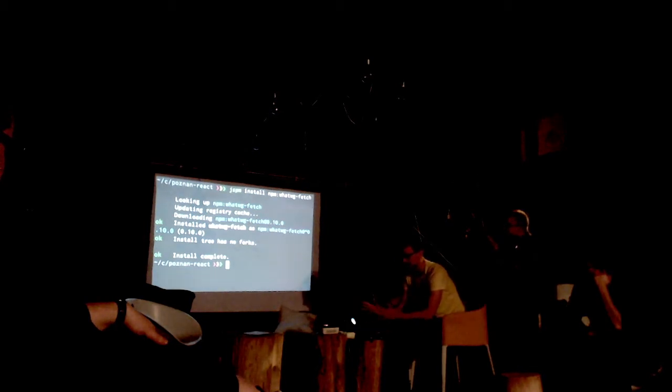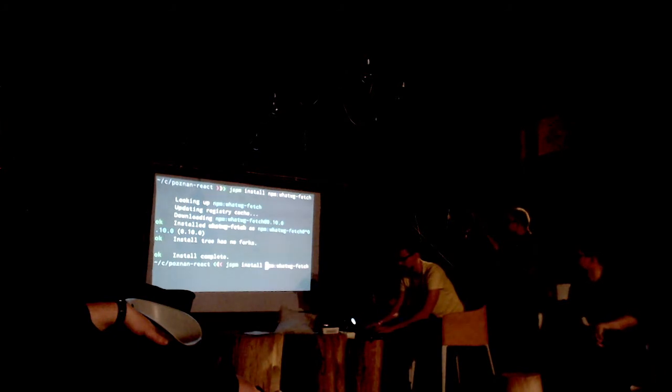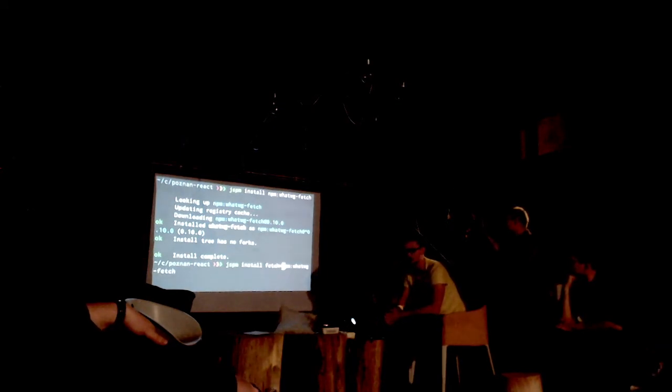And you'd like to have a short name for some things. So what you can do with JSPM is alias it, use an alias for your dependency. I can say that I want to use fetch as an alias for npm:whatwg-fetch.